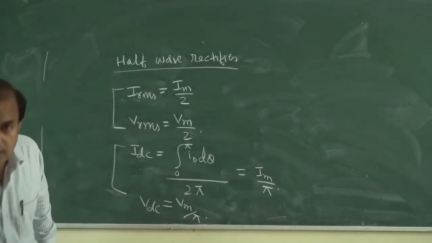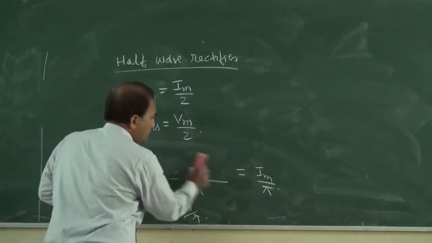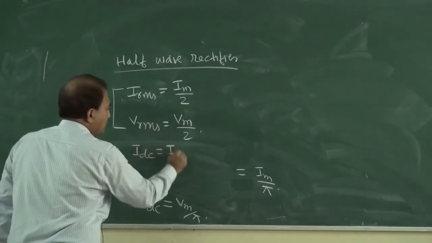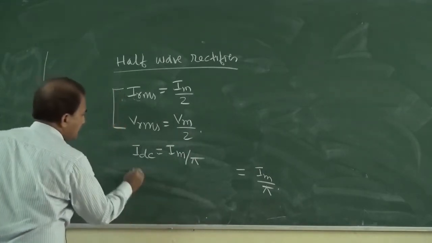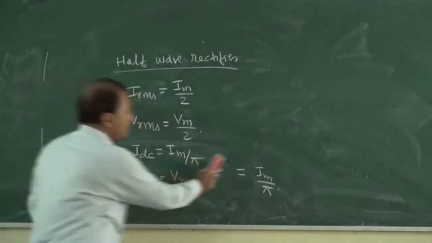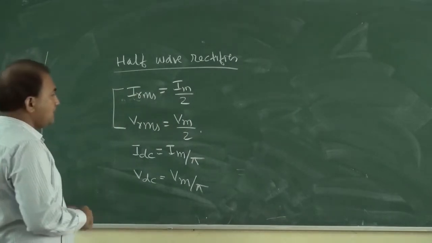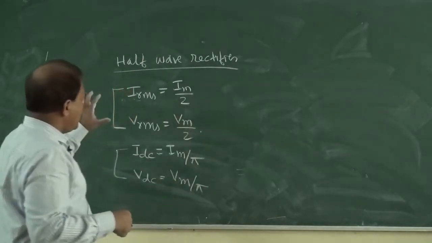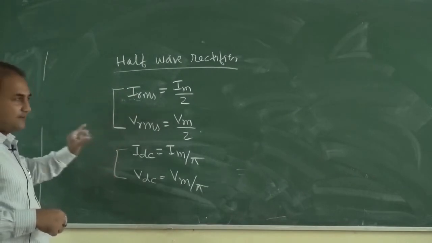Okay. So we can write IDC is equal to Im by pi, and VDC is equal to Vm by pi. Okay. So these are for a half wave rectifier circuit. So we can calculate VRMS, IRMS, IDC and VDC of a half wave rectifier circuit.